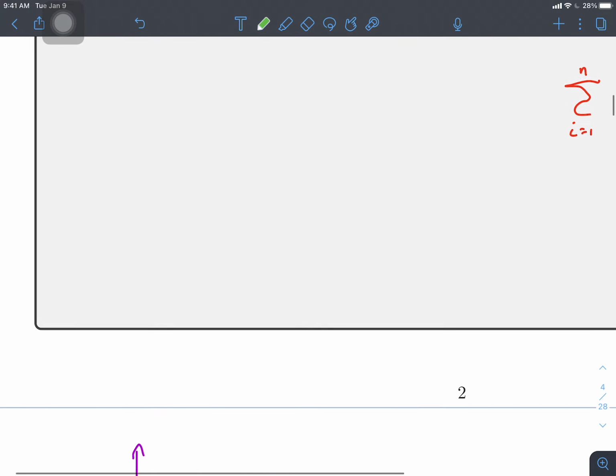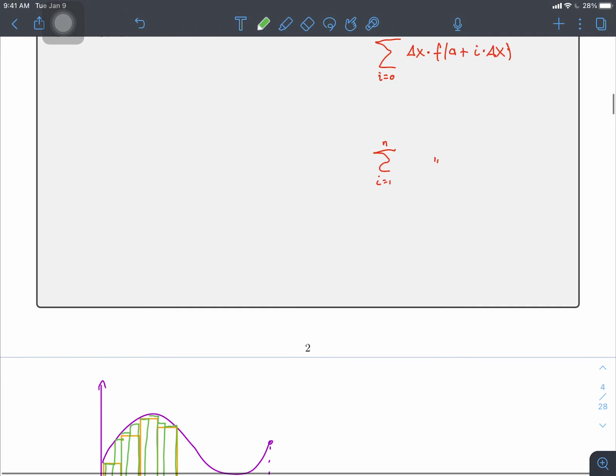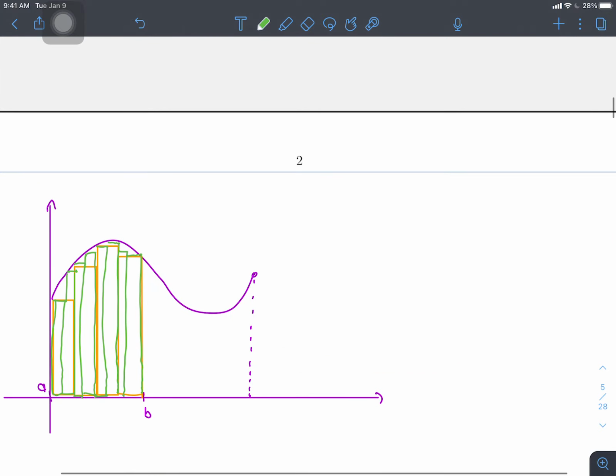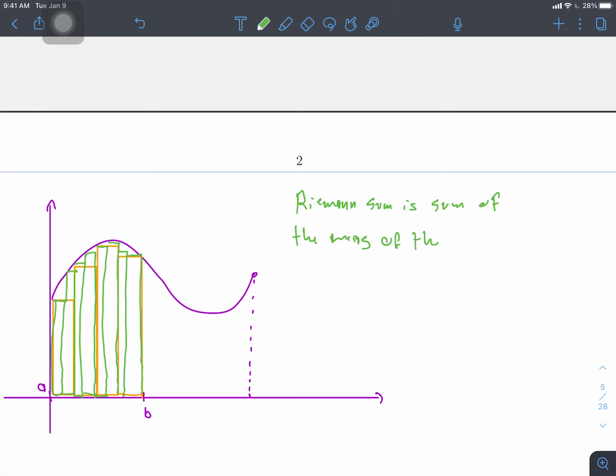There are a couple things which we need in order to determine what the Riemann sum is going to be. Well, the Riemann sum is the sum of the areas of these rectangles.